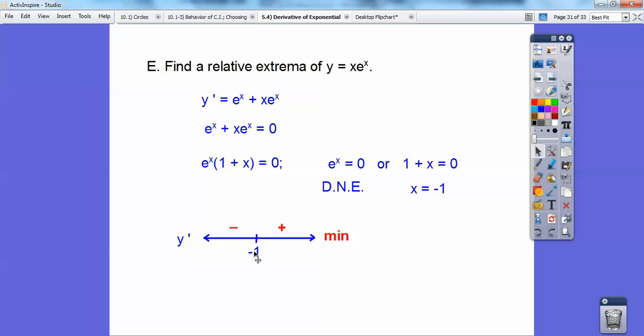I was thinking positive 1. My bad, this is correct, you guys. So this is a relative minimum. Sorry about that. I don't want to redo this video, you guys. My wife's coming home, and we're going to have dinner, so I don't have time to redo it. So anyway, there's my relative extrema at -1 comma -1 over e. And you plug -1 back into this function right here to get your y coordinate.